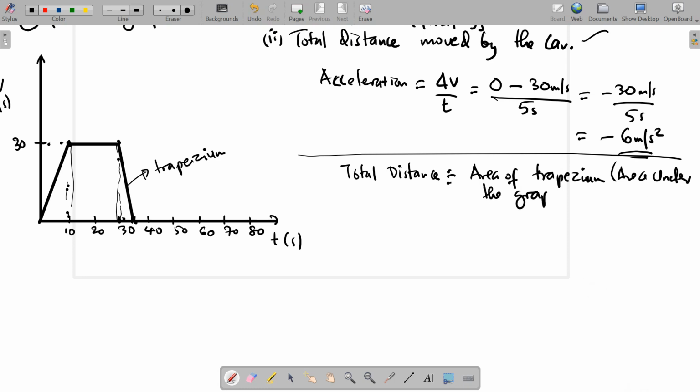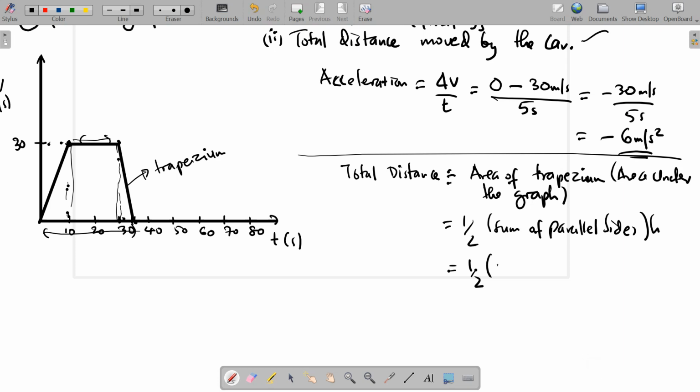Okay, so to find that will be half the sum of parallel sides multiplied by height. The parallel sides are this one right here and this side. These ones are parallel. So when you look at the magnitudes, the first one is from 10 to 30.